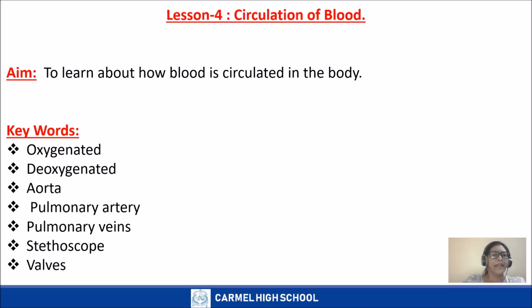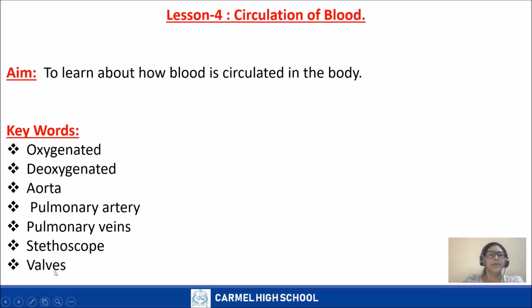I want everybody to quickly make a note of all these keywords: oxygenated, deoxygenated, aorta, pulmonary artery, pulmonary veins, stethoscope, valves. I read out once again: oxygenated, deoxygenated, aorta, pulmonary artery, pulmonary veins, stethoscope, valves.